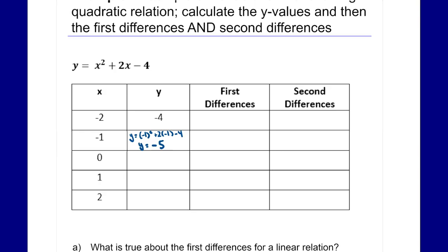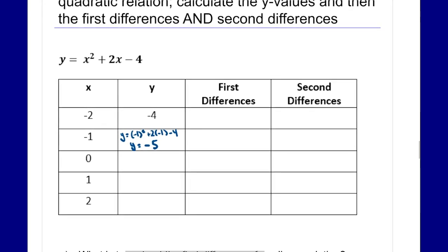So make sure you're putting brackets when you square those negative numbers. Otherwise, calculators may not think the negative is included in the square. If I do the same thing for 0, I get -4. For +1, I get 1 squared plus 2 minus 4. I end up at -1. And for 2, I get 4 plus 4 minus 4. So again, I'm just plugging the values in, and I get 4.